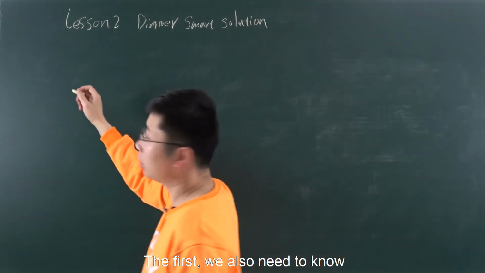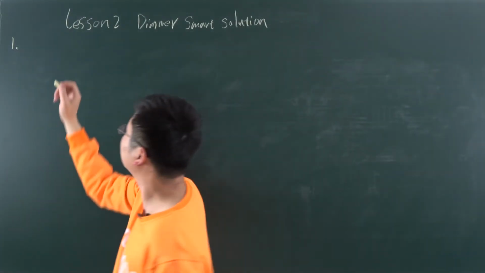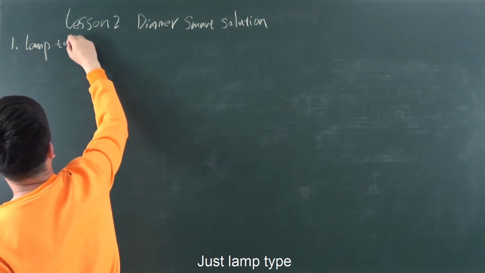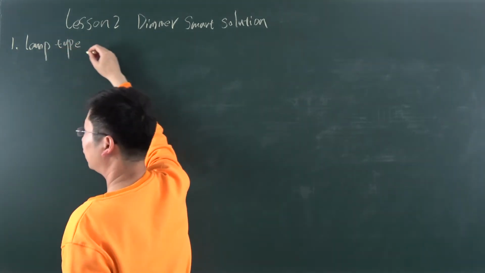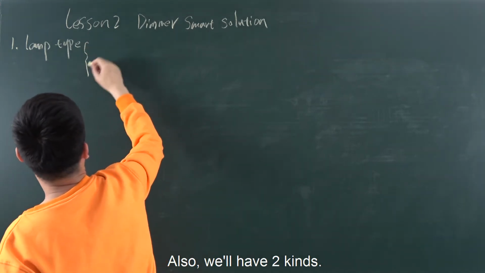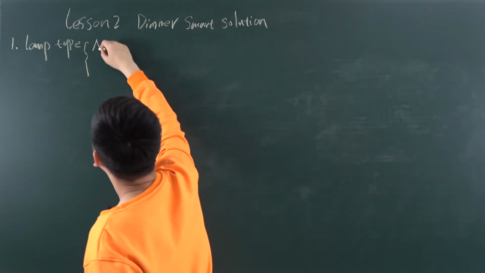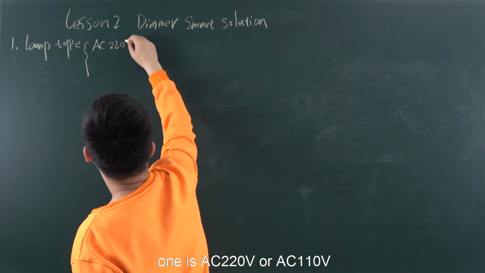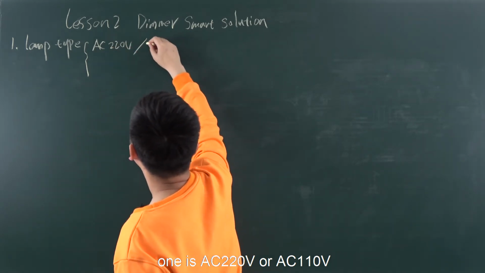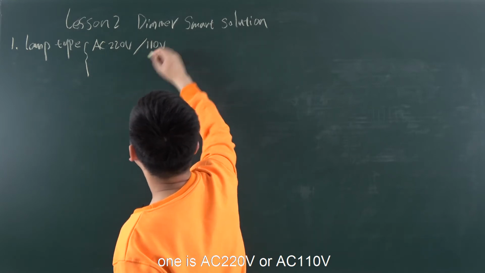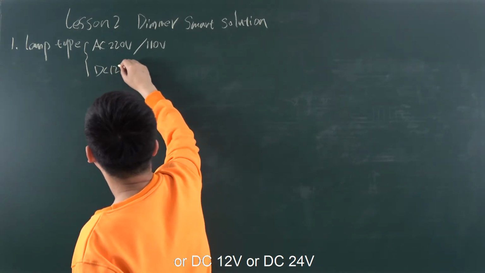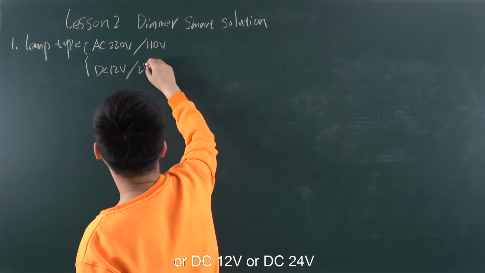Okay, so first we also need to know what type of lamp you have. There are two kinds: AC 220 voltage or AC 110 voltage, or DC 12 voltage or DC 24 voltage.